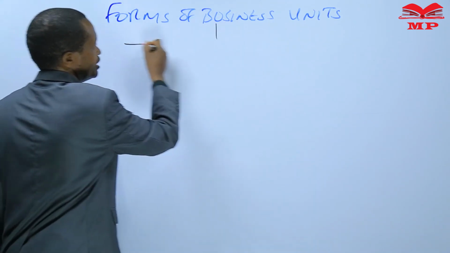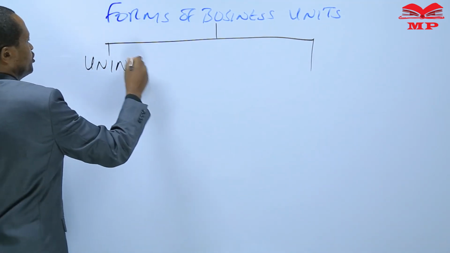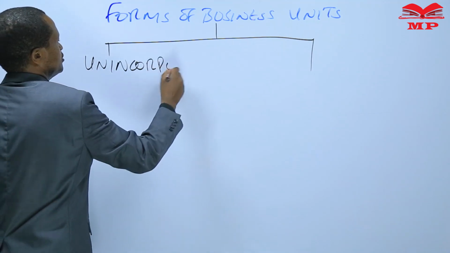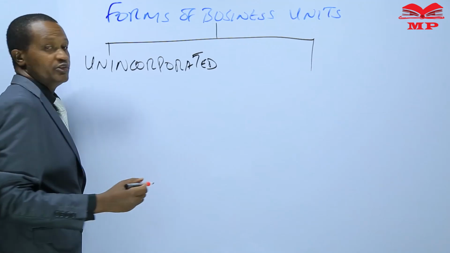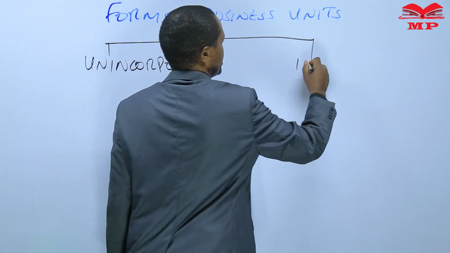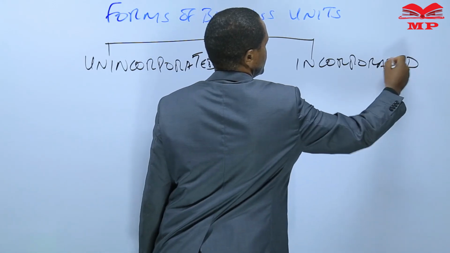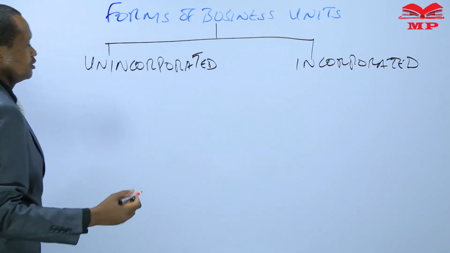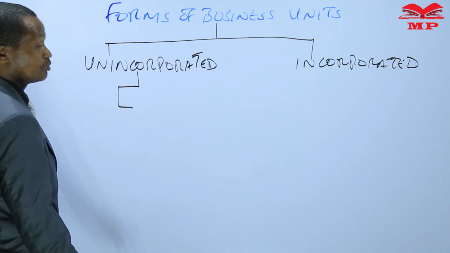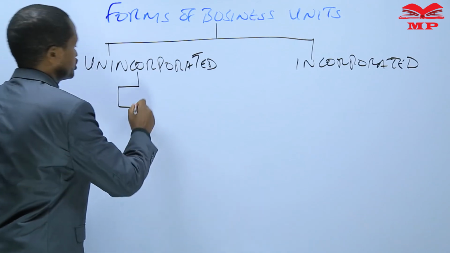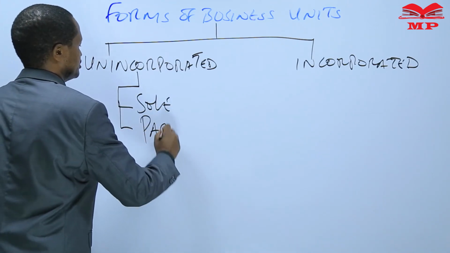That is the unincorporated business units and the incorporated business units. We mentioned that some of the unincorporated units include the sole proprietorships and the partnerships.